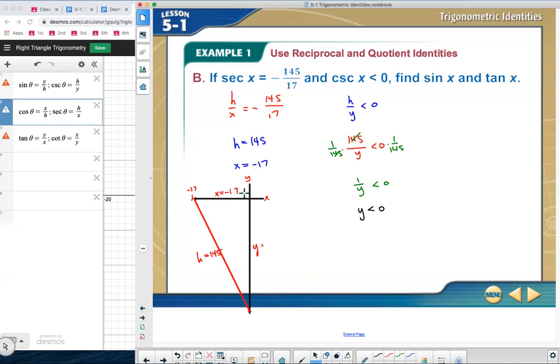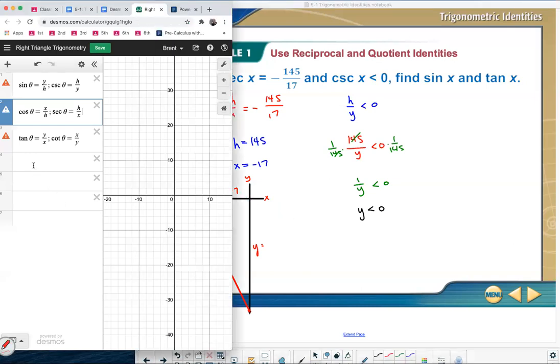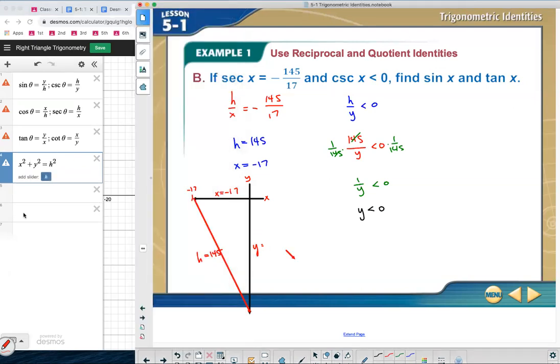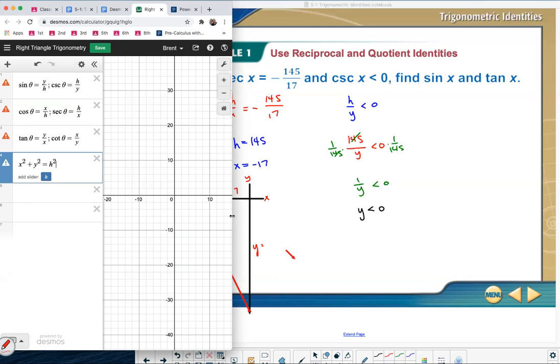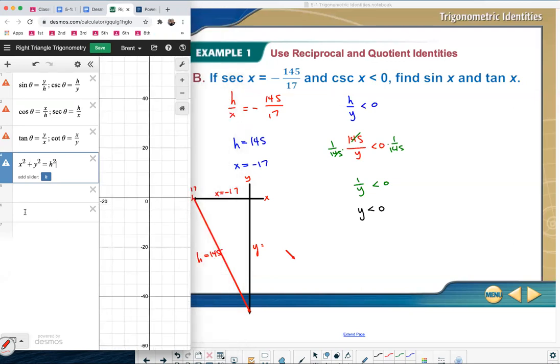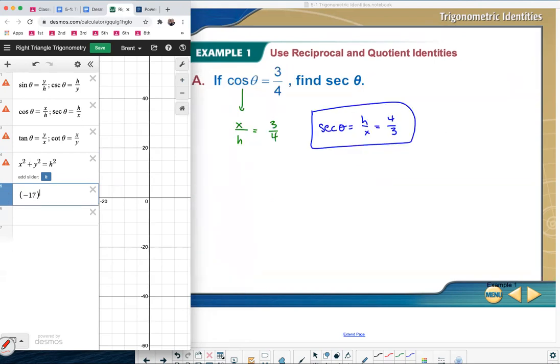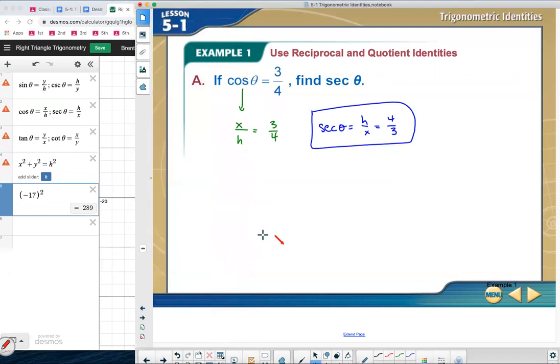So let's plug in our numbers here. We're going to use Pythagorean Theorem, x squared plus y squared equals h squared. I'm just going to type them in kind of as we go here. What do we know? X is negative 17, so negative 17 squared. I don't know the numbers off the top of my head.